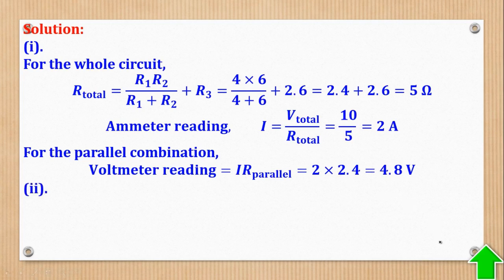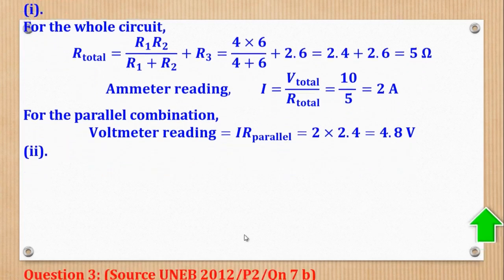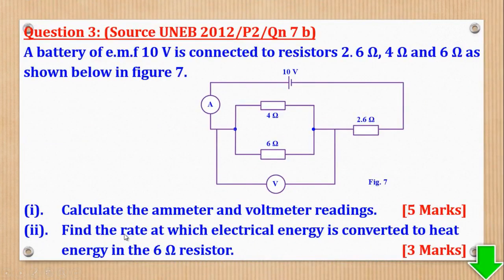Then for Roman 2, the rate at which electrical energy is converted to heat energy in the 6 ohm resistor. Now the good thing, we know the PD because the voltmeter reading is the PD across this parallel combination, and we know the resistance.